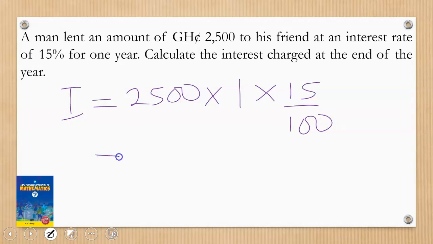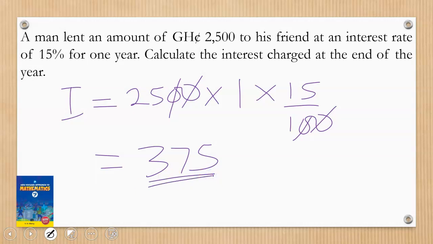With simple calculation, you can have 15 times 25. So that will give us 375. So this is the interest charged on the money borrowed by the friend, who is going to keep that money for 1 whole year.